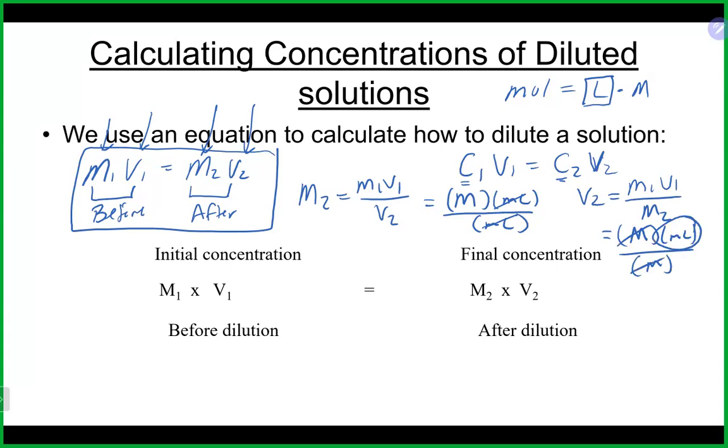Molarities will cancel. You'll just end up with milliliters in this case. So you could convert all the volumes to liters when you're using this equation, or you could leave them in milliliters and it will come out okay. Just in the end, you will get milliliters if you did volume.